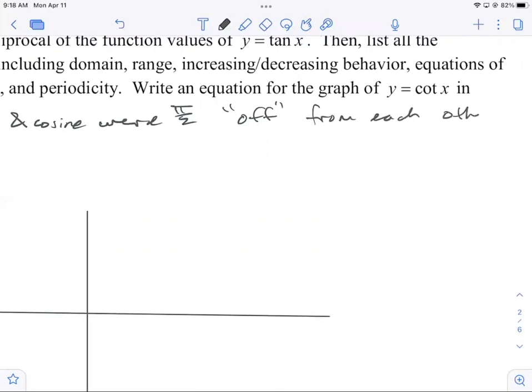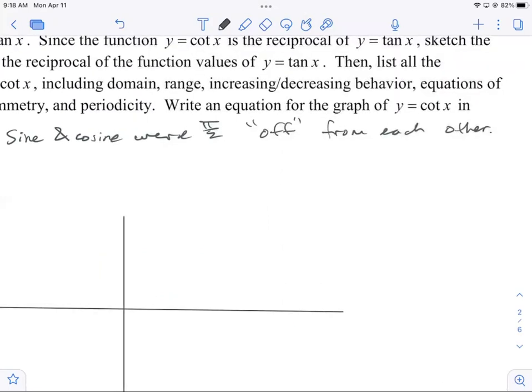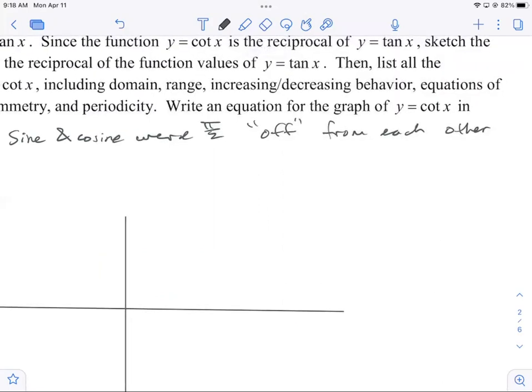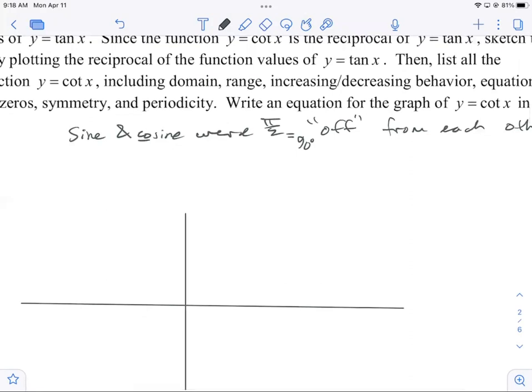And I mentioned early on why they're called sine and cosine. Pi halves is the same as 90 degrees, right? What does the co in cosine actually mean? Do y'all remember?